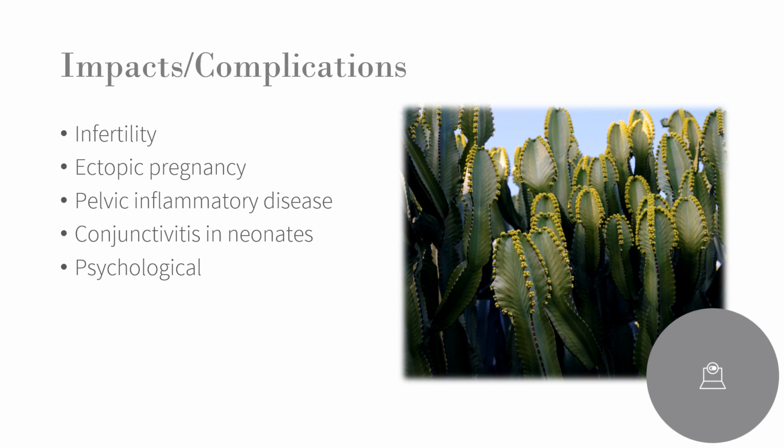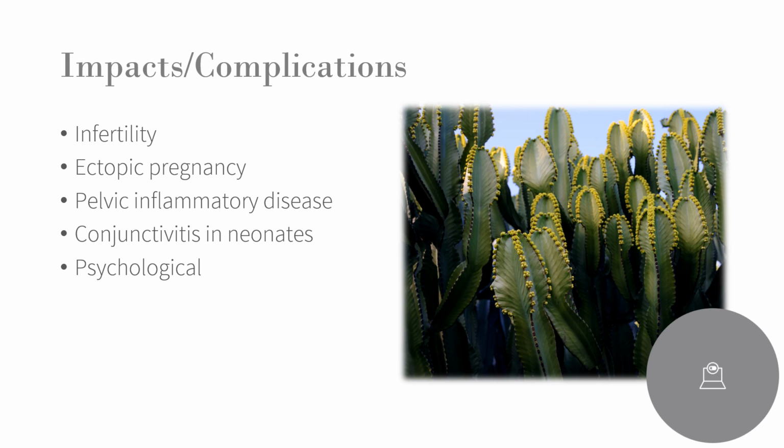So that's why it's really important to know if you have it and to treat it. It can also cause ectopic pregnancy, which is dangerous for you and can also cause a woman to be infertile, because women have the potential to lose their tubes if they have an ectopic pregnancy.